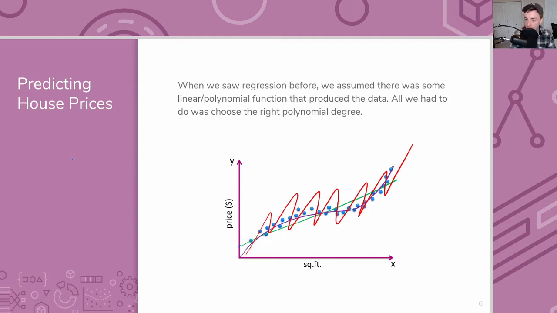And the modeling choice was, do we assume it's linear? Do we assume it's a square or a cubic function? Or many other choices. All we had to do in that context was choose the right polynomial degree to match this true unknown function. Now, what we're really doing here is we're trying to model the problem globally.